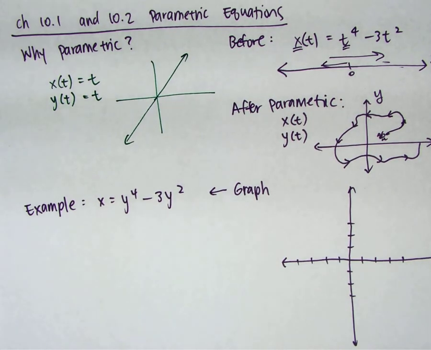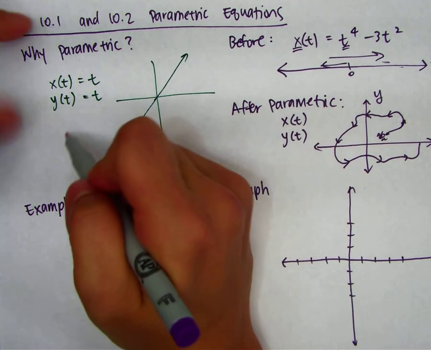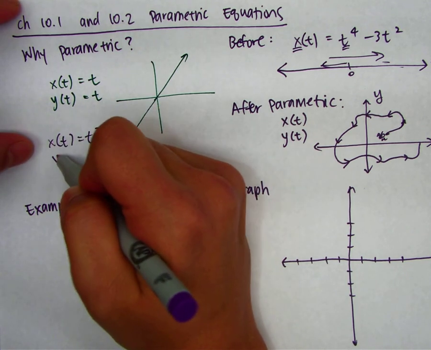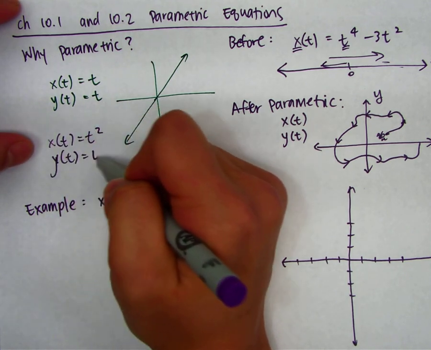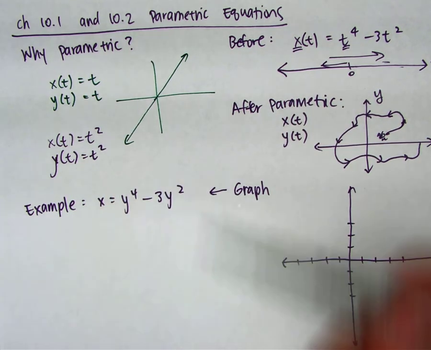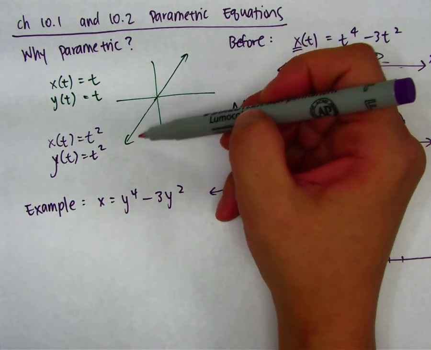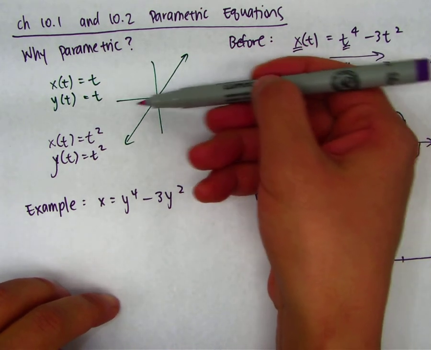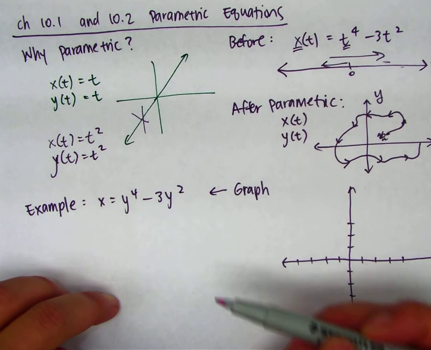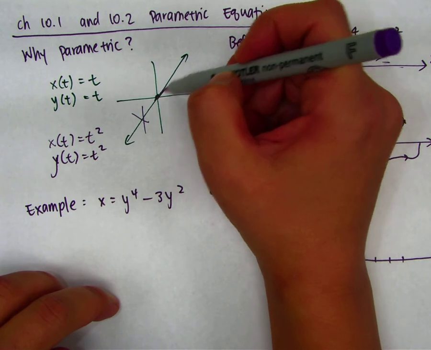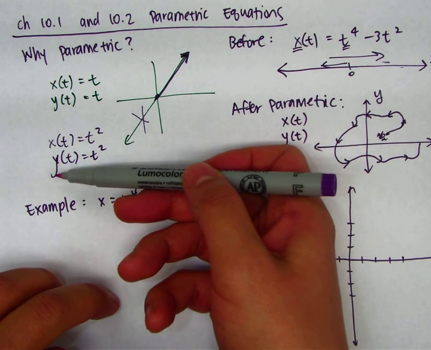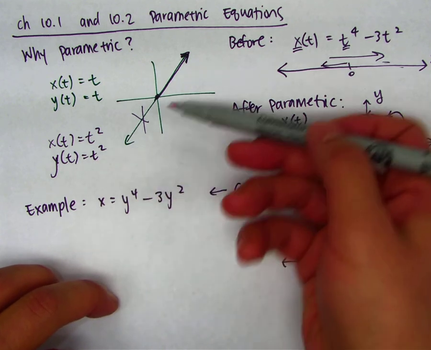All right? Well, what if I have x of t equaling t squared and y of t equaling t squared? Now, when my t is negative, I don't actually get a negative output, negative x, negative y. So none of this would be in place. But this part would look exactly the same, where my output for x and my output for y would be exactly equal.